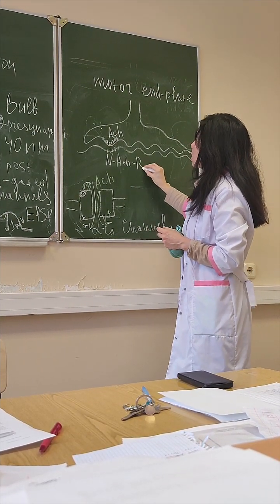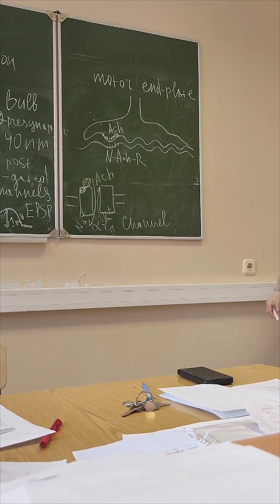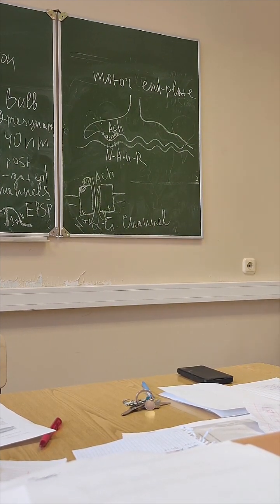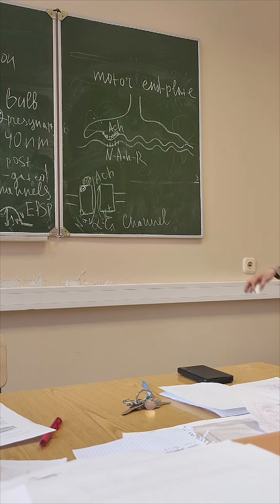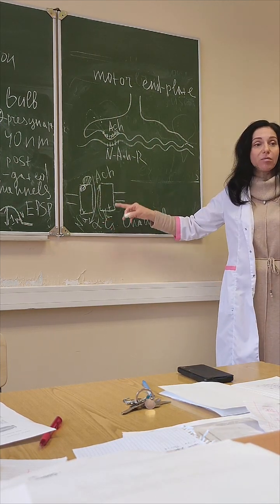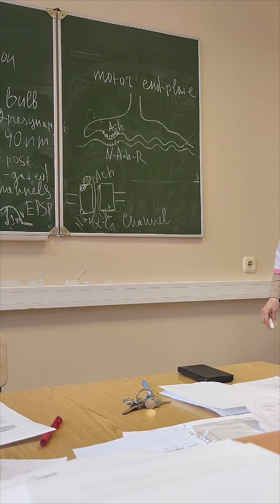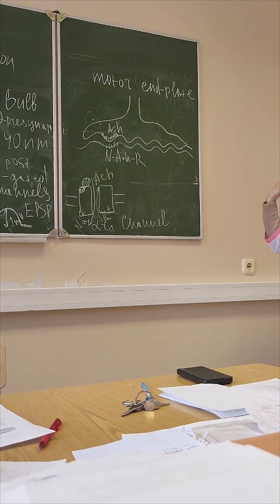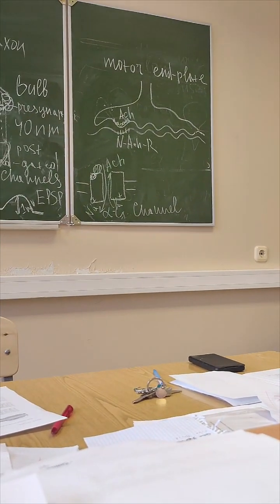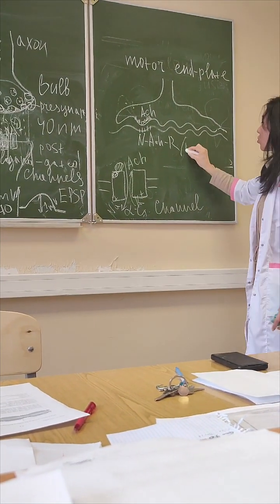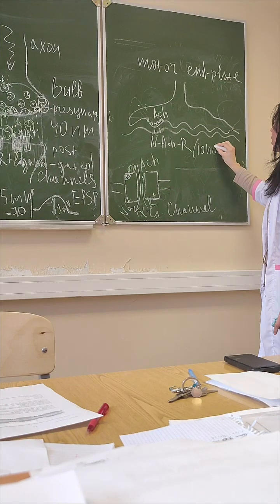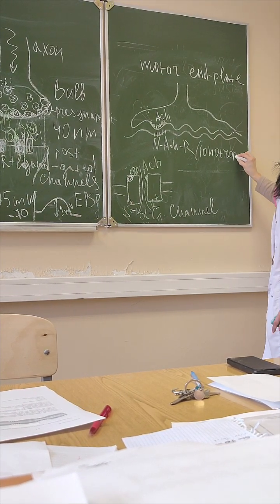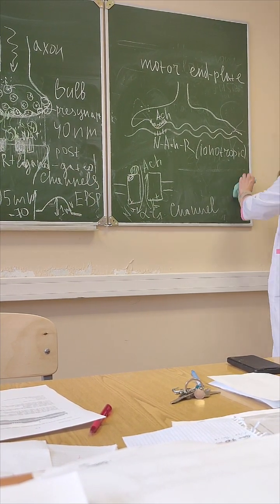Remember that nicotinic cholinergic receptors are ionotropic. It's very important. Ionotropic receptors provide faster synaptic transmission.